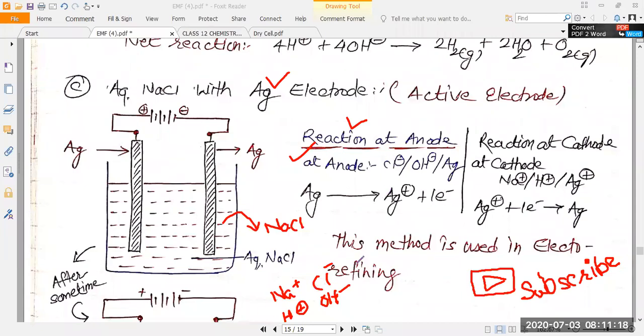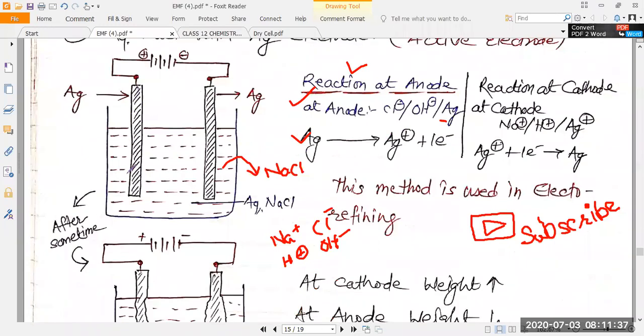Out of the three, chloride, hydroxyl ion and silver, silver has more oxidation potential. So silver will oxidize at the anode side: silver converts into Ag plus and one electron is donated.